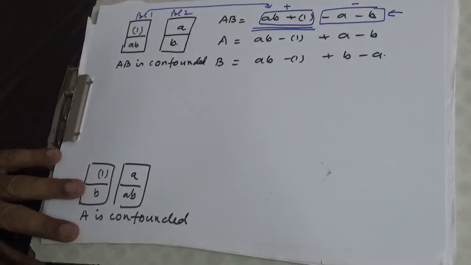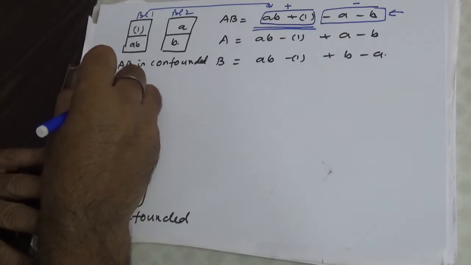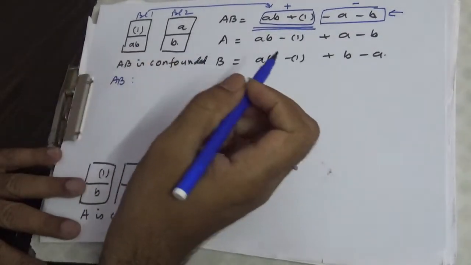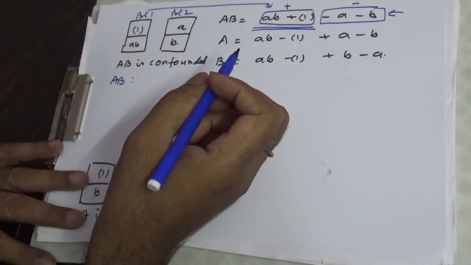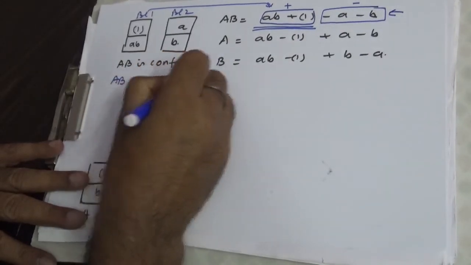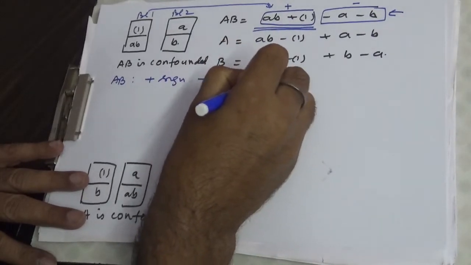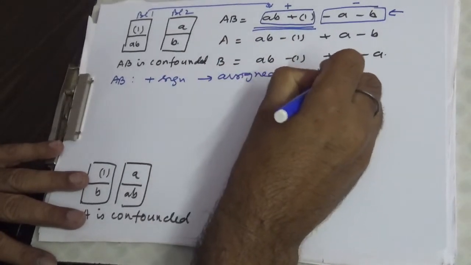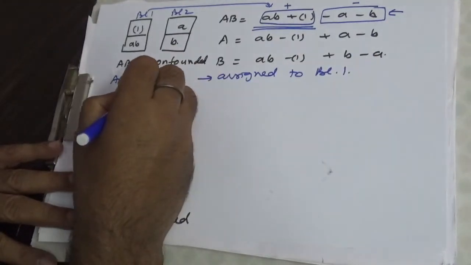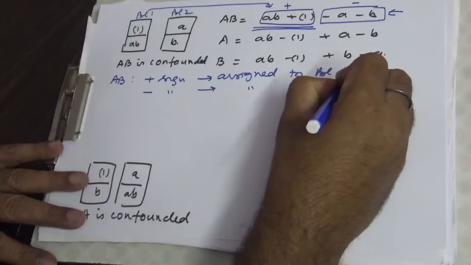So what you can observe is that when we are confounding AB, all the treatment combinations with positive sign are assigned to block 1, and all those with negative sign are assigned to block 2.